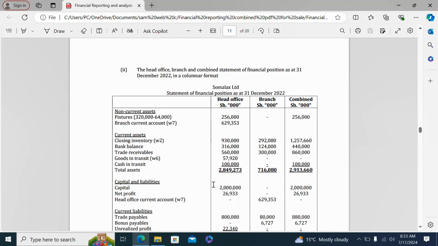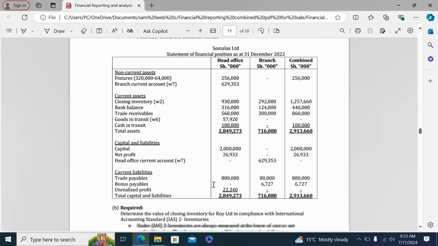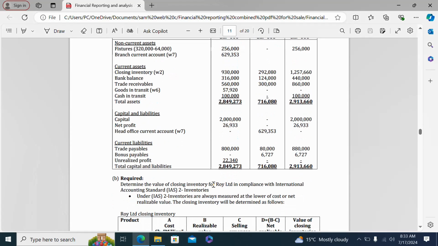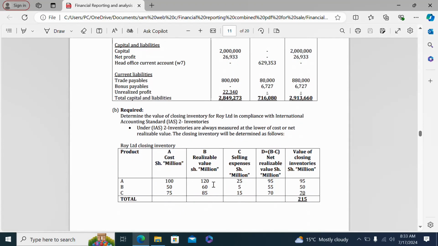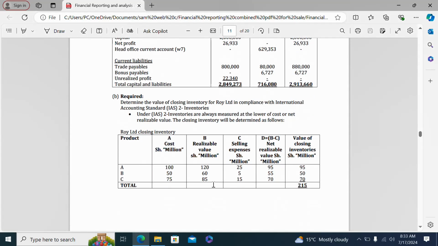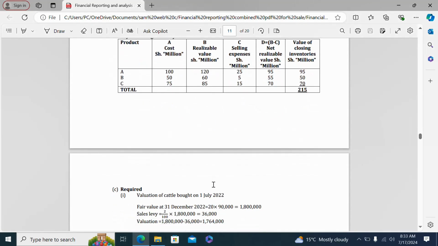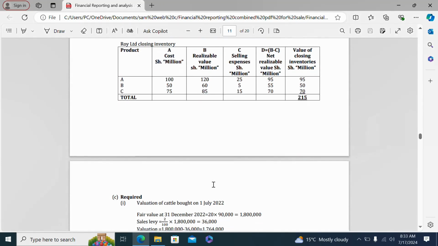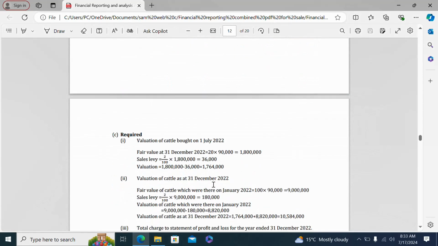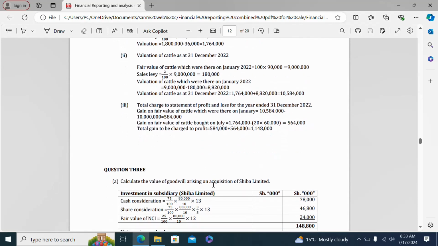And then we have the statement of financial position of Somalex. We have head office, branch, and then the combined result. Then we have B, the value of closing inventory, valuation of the cattle bought on 1st July, valuation of cattle, total charge.